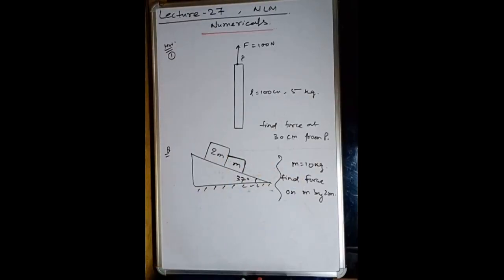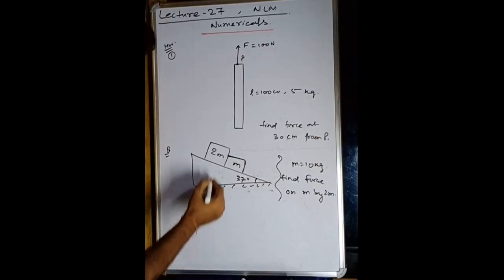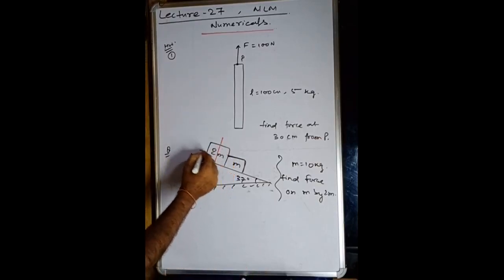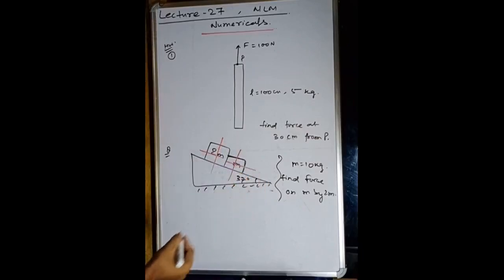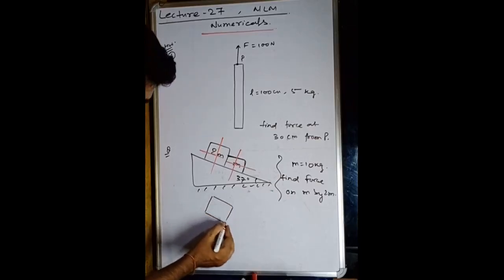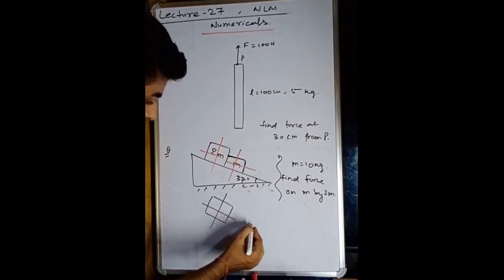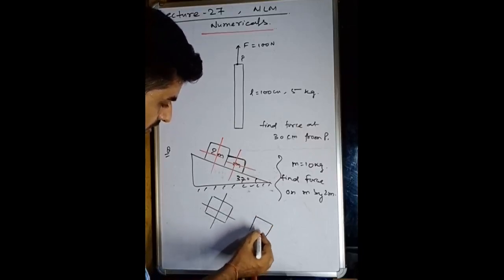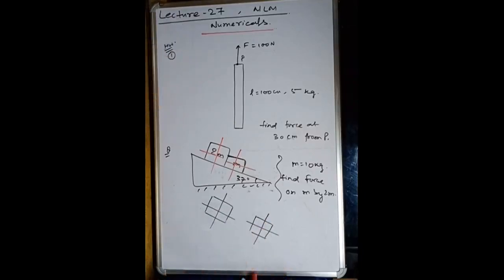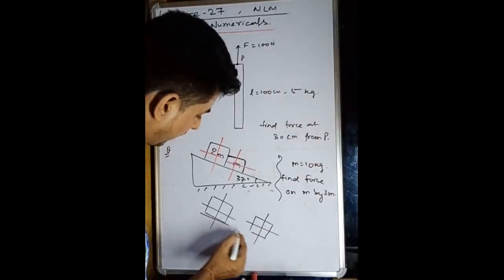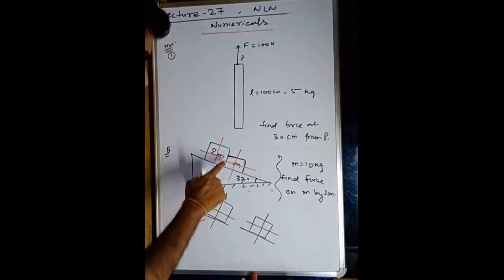How will we solve this type of question? Let me solve. Here we have two blocks. We know how to make the free body diagram in this way. My dear students, these two are in contact with each other.